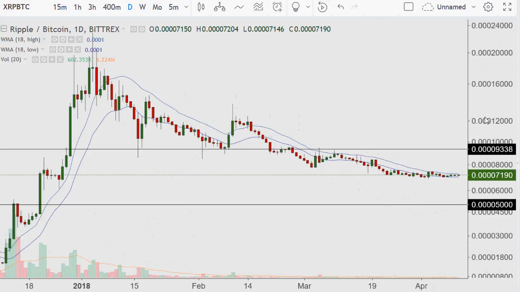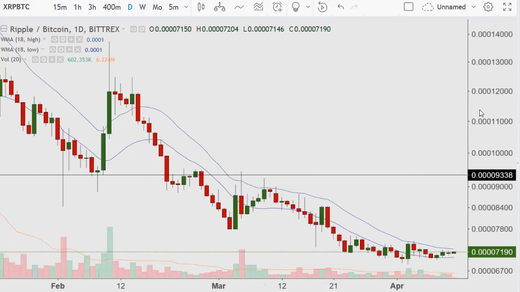Now XRP has been boring. Bitcoin Cash has been too, because I haven't traded that in a coon's age as well. But yeah, it's just volatility. Yesterday's session, a low of 70.95, a high of 72.10. Difference in price, 115.